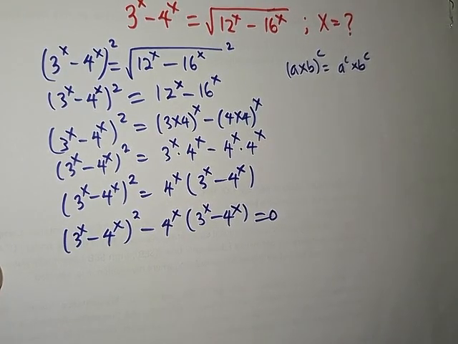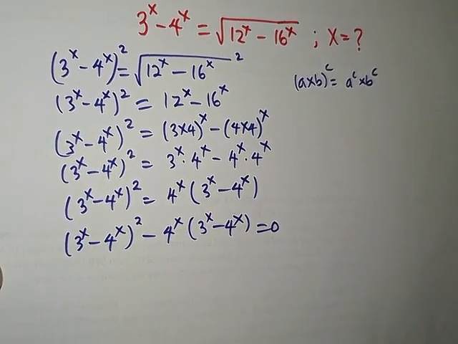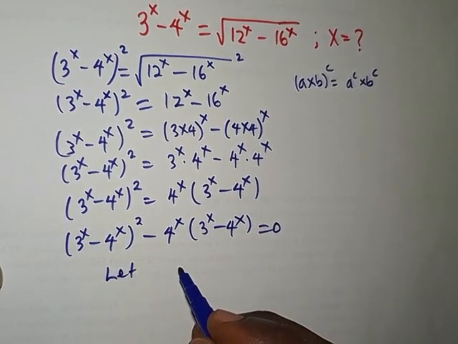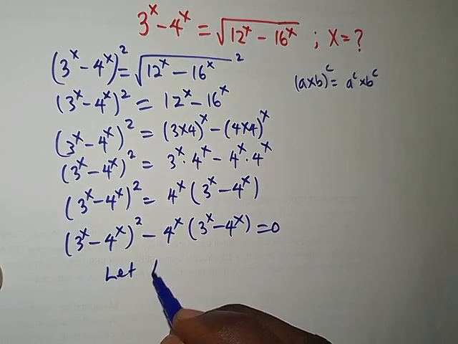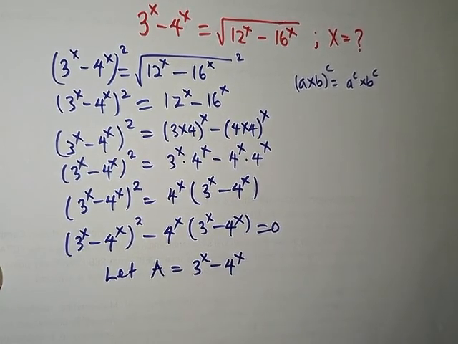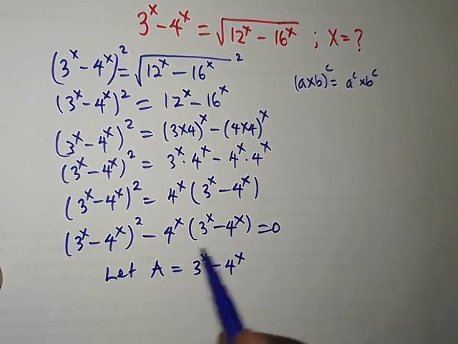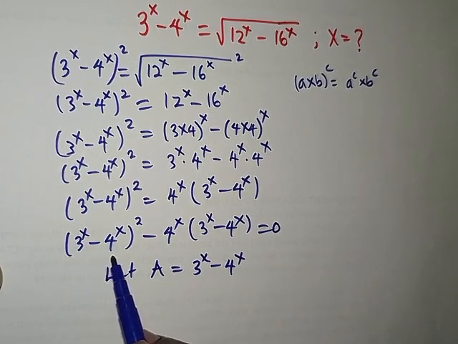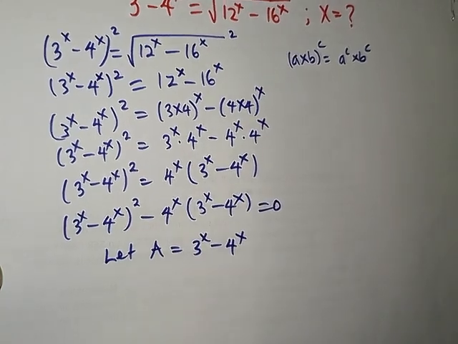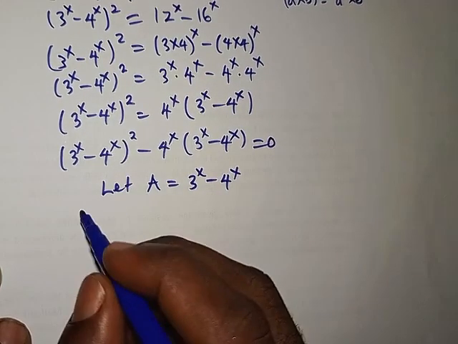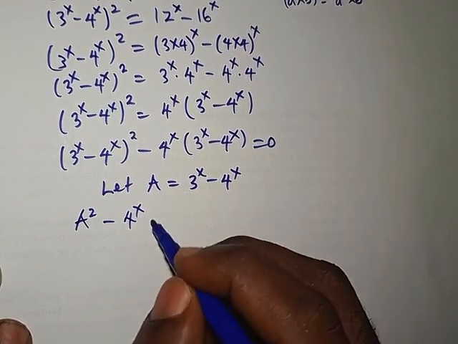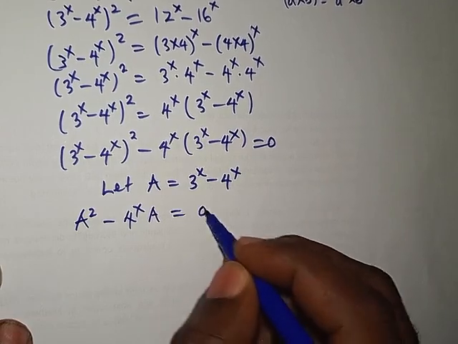Before that, let's introduce another variable a, equal to 3 to the power x minus 4 to the power x. Anywhere we see 3 to the power x minus 4 to the power x, we replace it by a. Therefore I'm going to have a squared minus 4 to the power x times a equals 0.